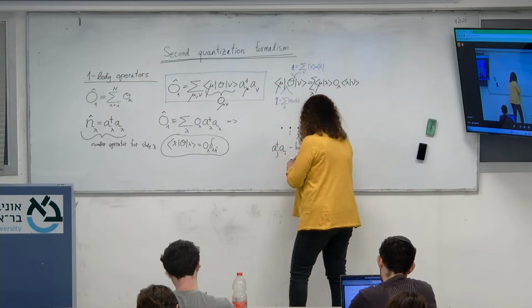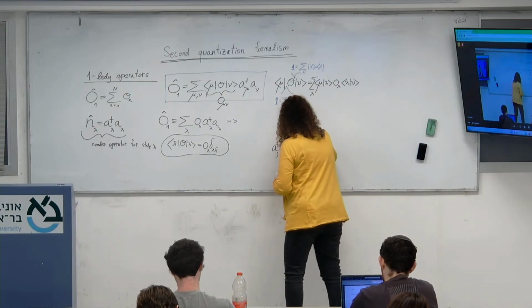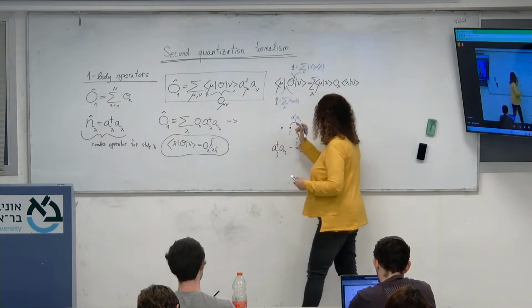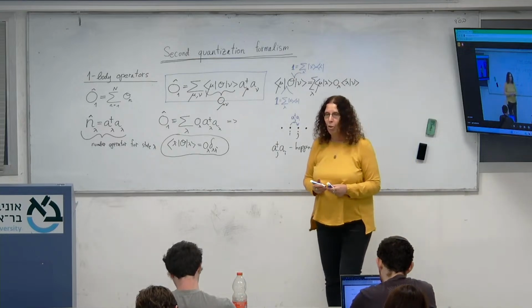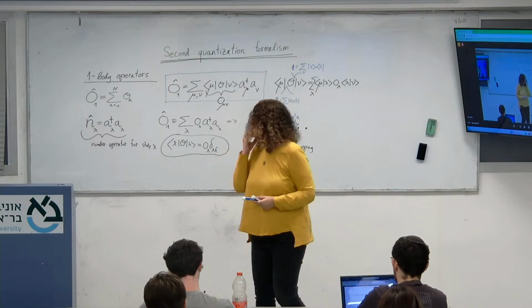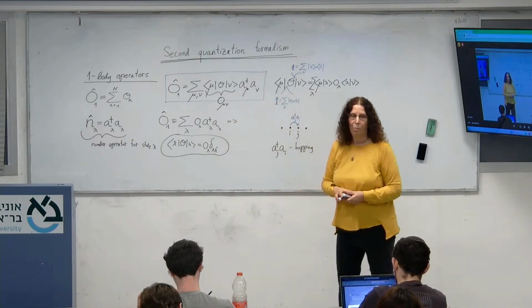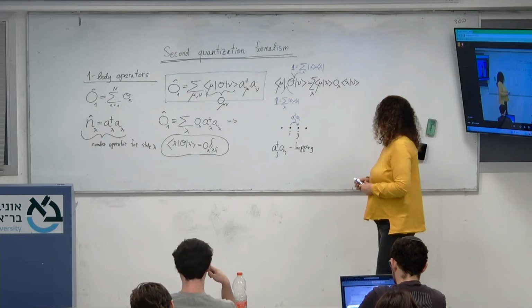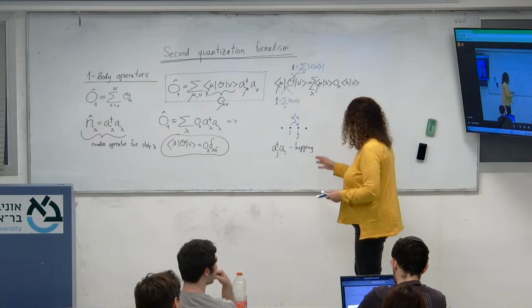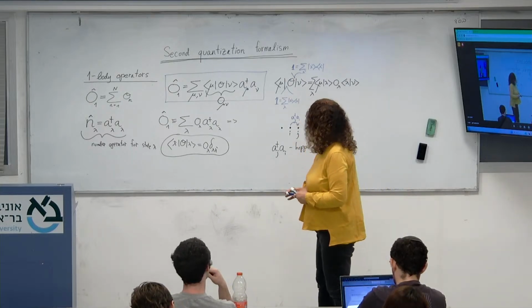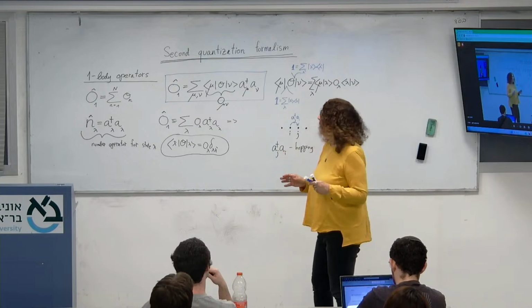And what will be the Hermitian conjugate of this? Just the opposite, going from I to J, a_J^dagger a_I.